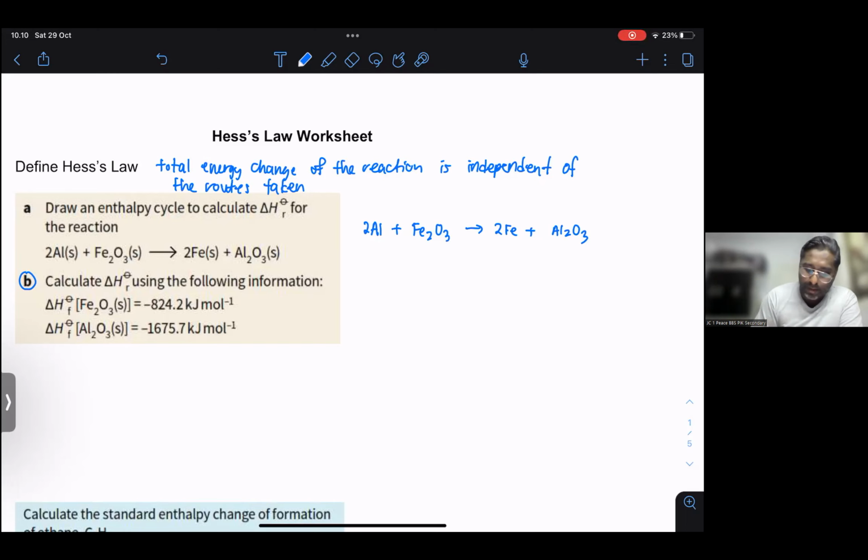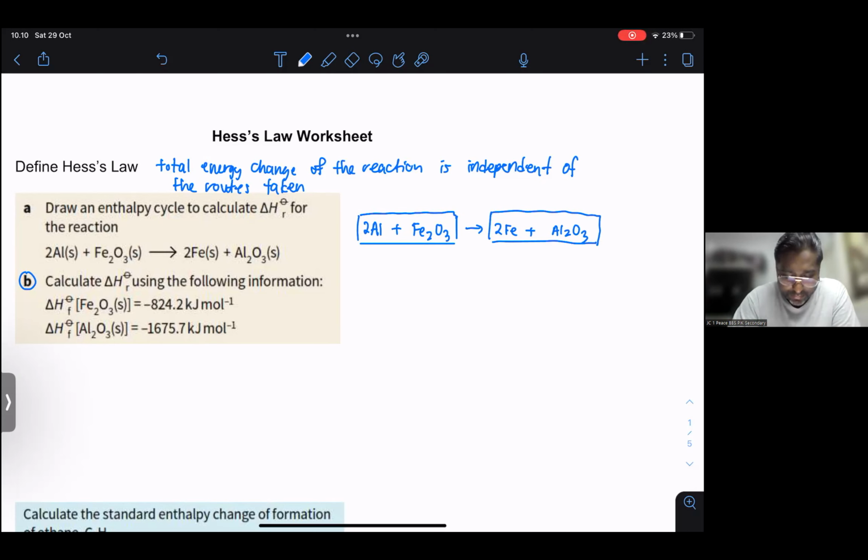So what I will suggest, the easiest way, is you put this in a box, so that we can see the left is the reactant and the right is the product. And because it's formation, please use this arrow to form.